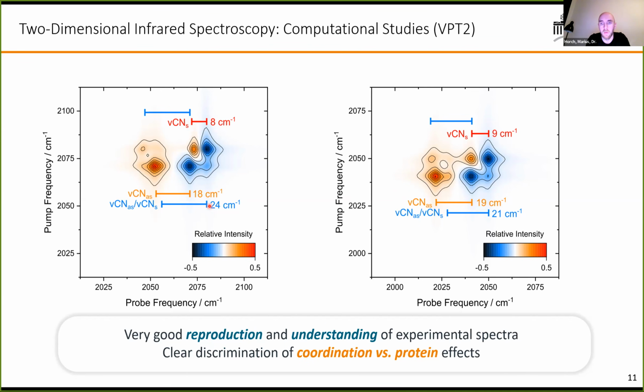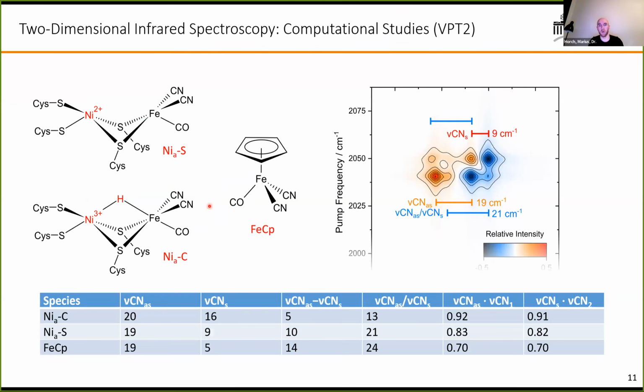To understand what we can actually extract from these very unusual signatures, we analyzed these two quantities, the difference in the two anharmonicities and also the coupling between the vibrational modes, for three different molecular systems. These two are catalytic intermediates of the nickel-iron active site, and then we also have this famous RNCP complex here.